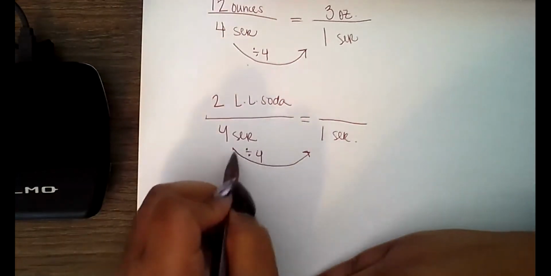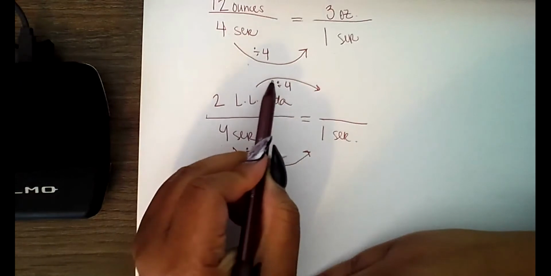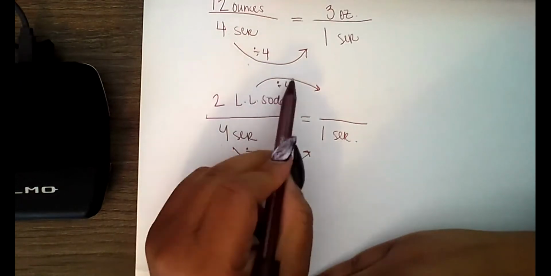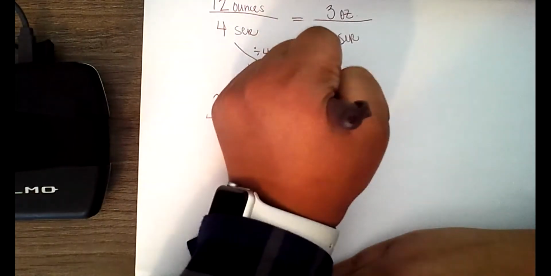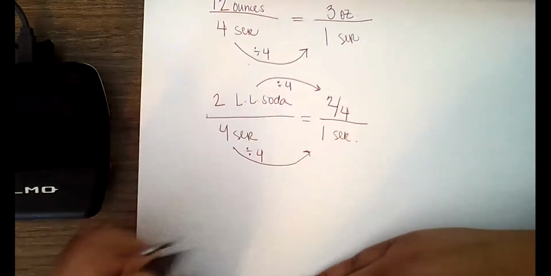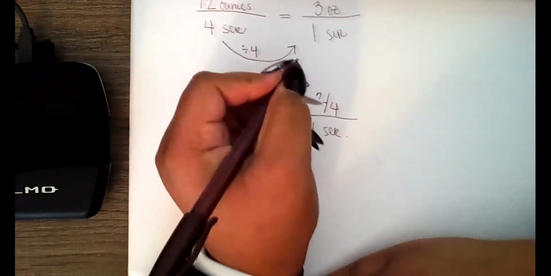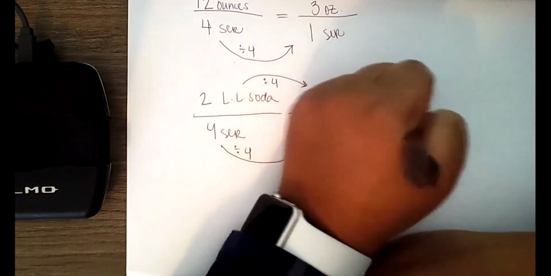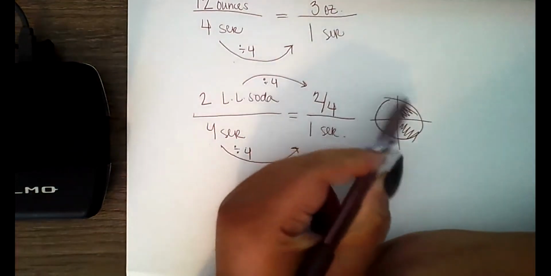Well, what I do in my denominator, I have to do in the numerator. So I'm going to take 2 and divide it by 4. Well, I have to realize that my division symbol can also be written as a fraction bar. So I'm going to have 2 over 4. Or I know that if I have 4 pieces and 2 of them are shaded, this also represents 2 out of 4.